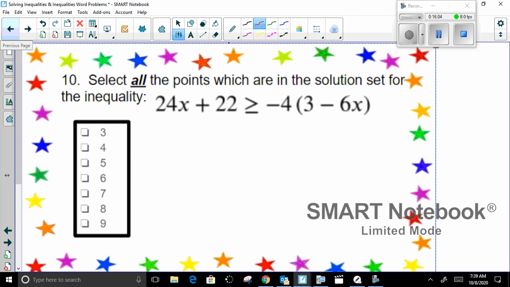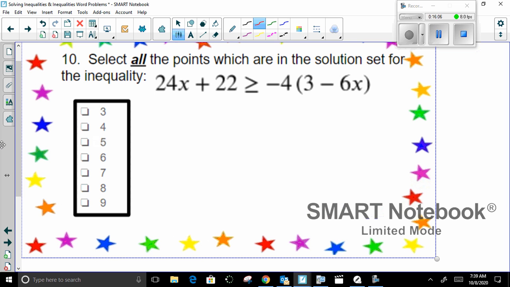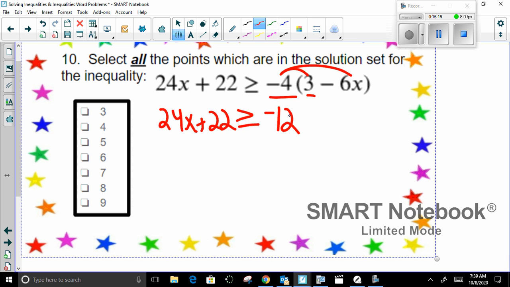All right, select all the points that are in the solution set for this inequality. Looks like I got some parentheses to get rid of by distributing. So what am I going to distribute? I'm distributing negative 4. Be careful. Negative 4 times 3 is negative 12. Negative 4 times negative 6x is positive 24x.